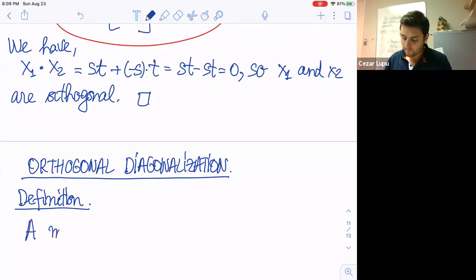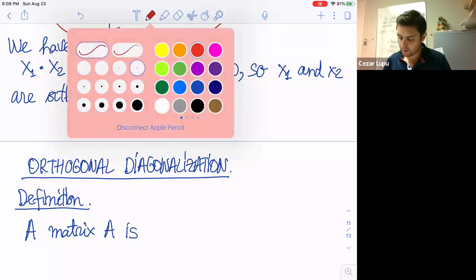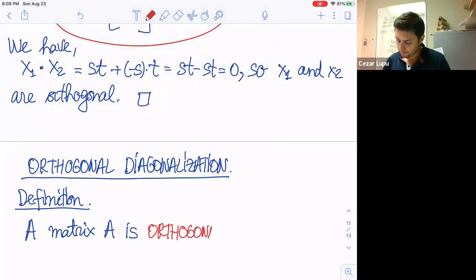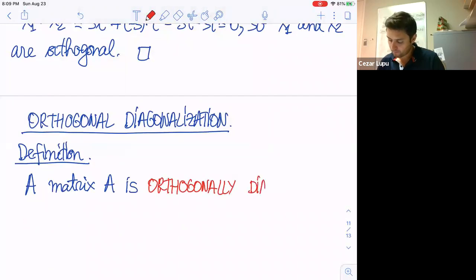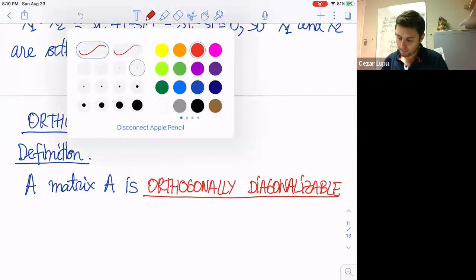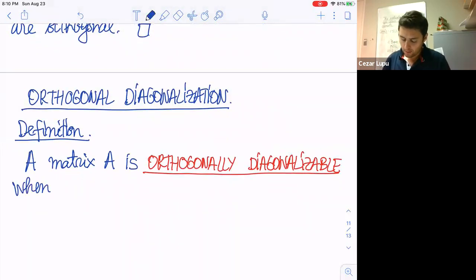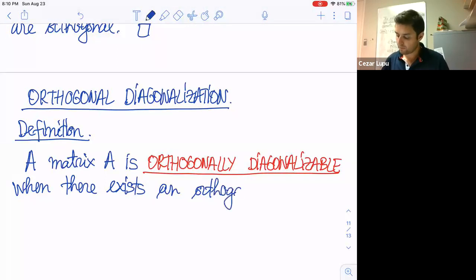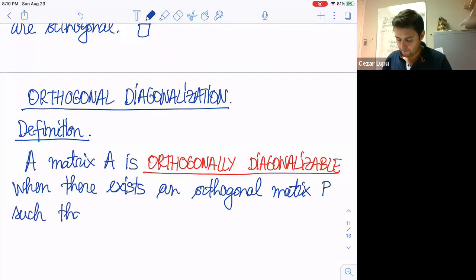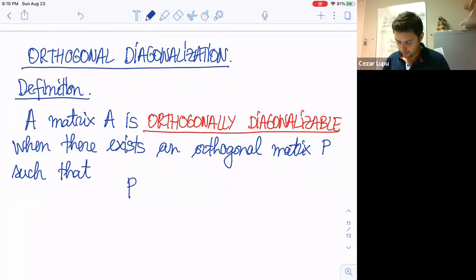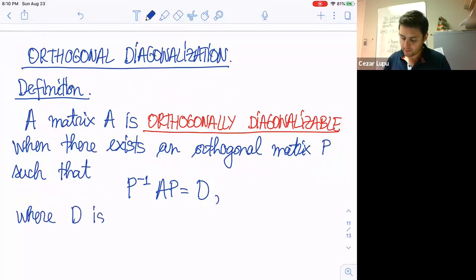We'll say that a matrix A is orthogonally diagonalizable when there exists an orthogonal matrix P such that P inverse times AP is a matrix D, where D is a diagonal matrix.